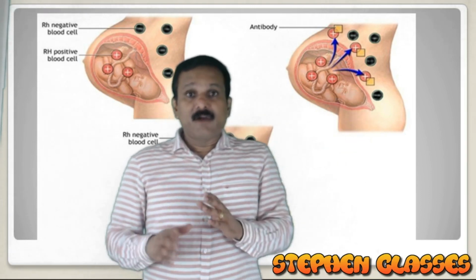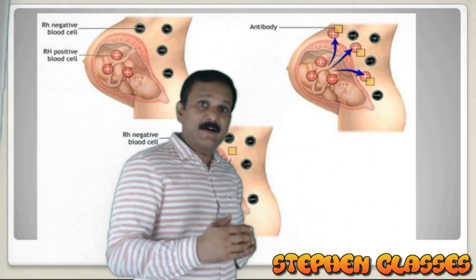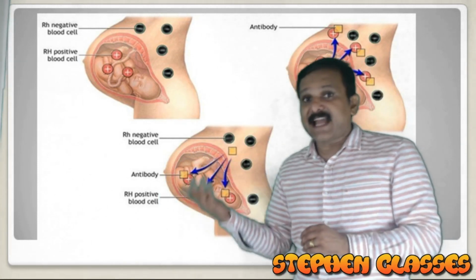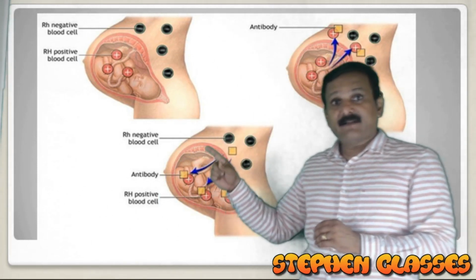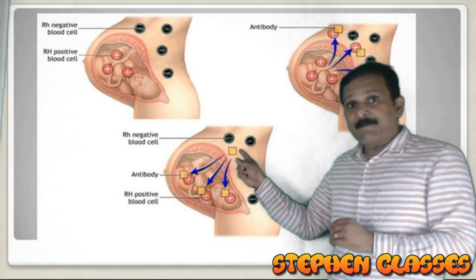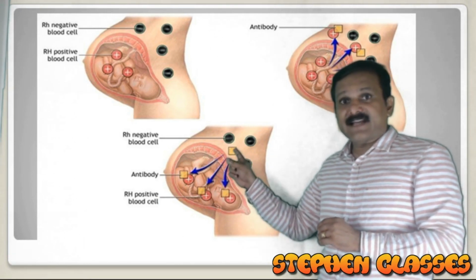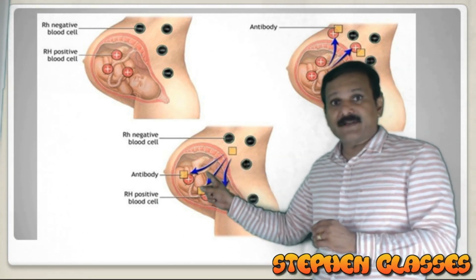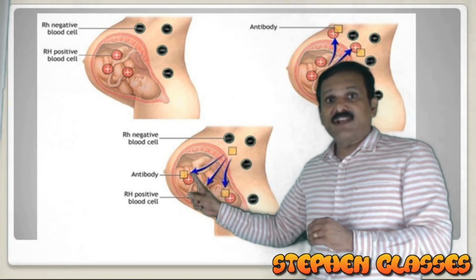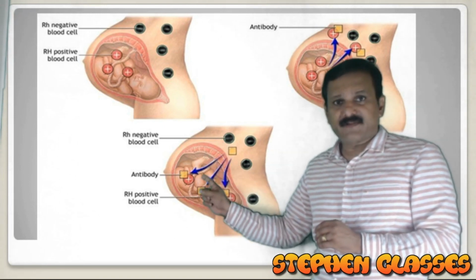When the same mother conceives an RH positive fetus for the second time, then what happens? The already prepared RH antibodies present in the mother can cross the placenta, enter into the fetus and destroy the RBCs having RH antigen on the surface.